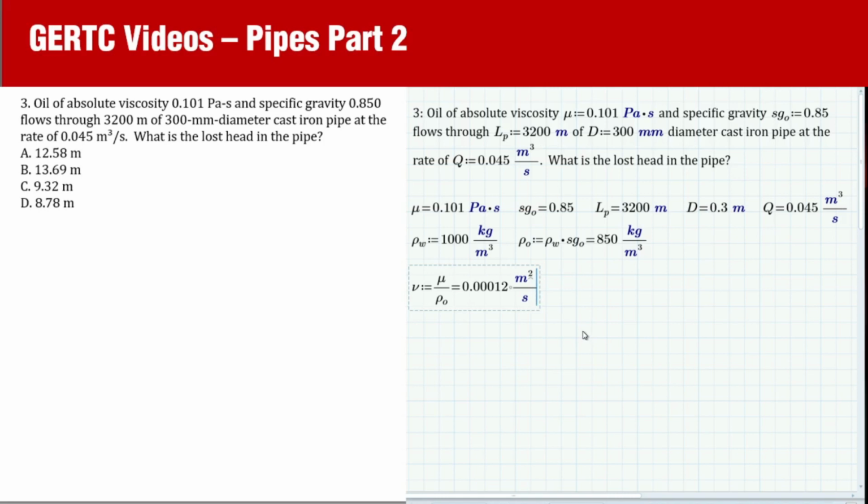To know if the flow is laminar or turbulent, and to know the F, let's get the Reynolds number. Reynolds number is equal to velocity times diameter over nu. By the way, before that, I will first solve the velocity of flow. Velocity is equal to Q divided by the area of flow.